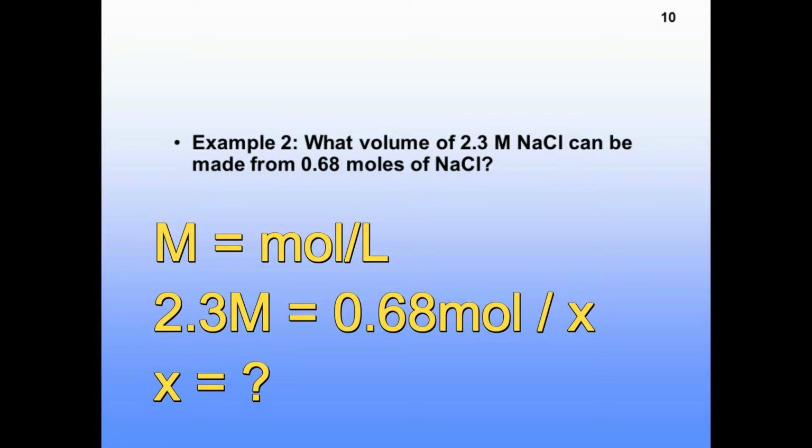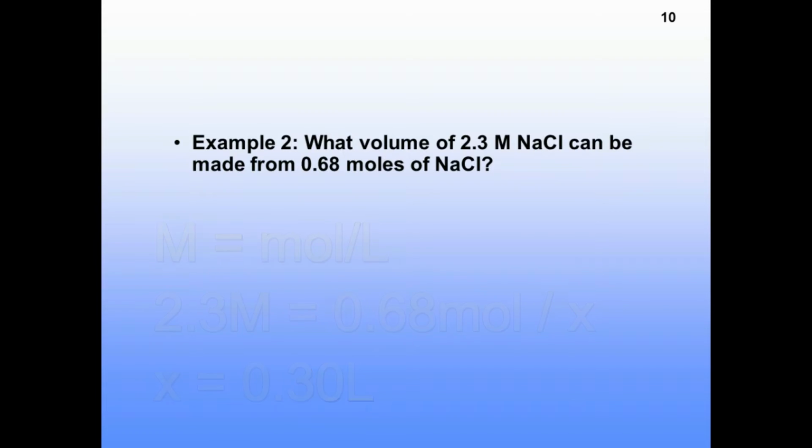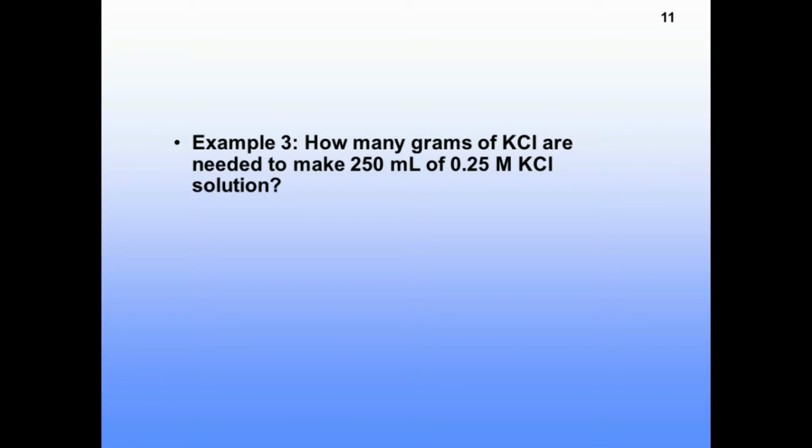You cross multiply. This times this. This times this. What do you get? Okay, so then you divide, and x equals 0.30.